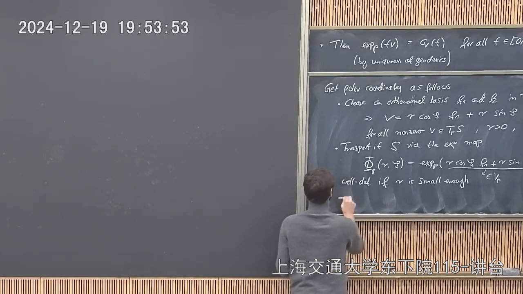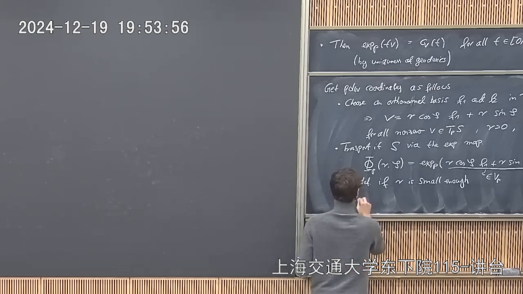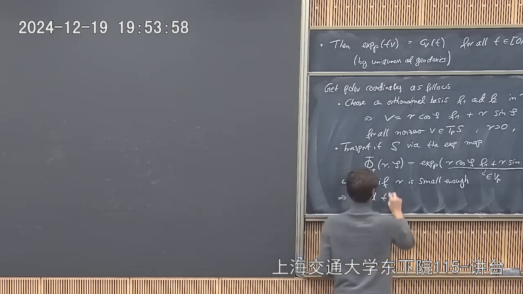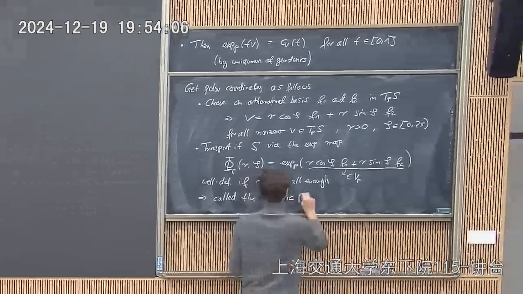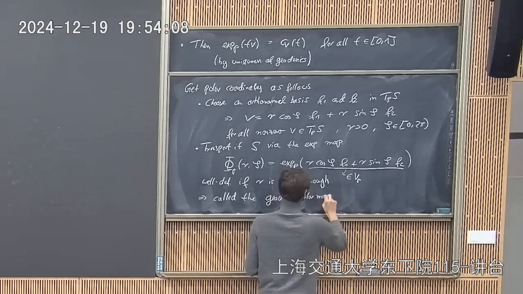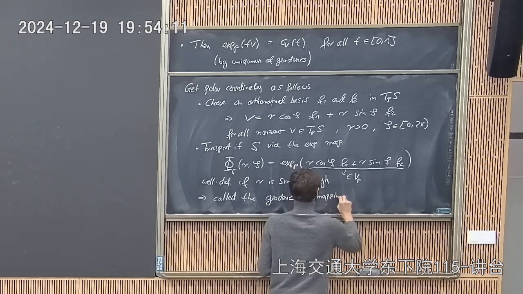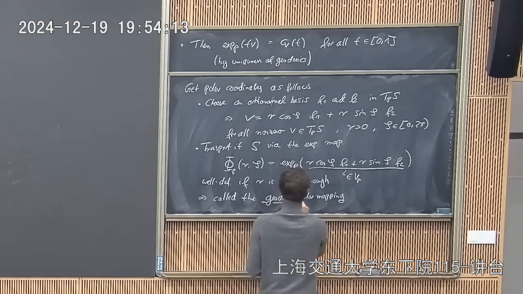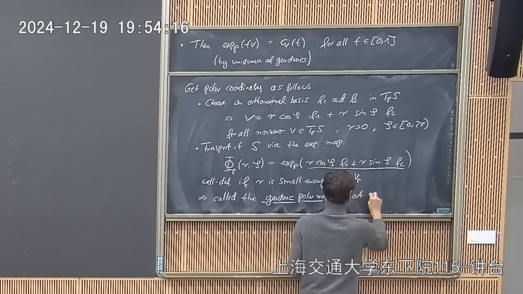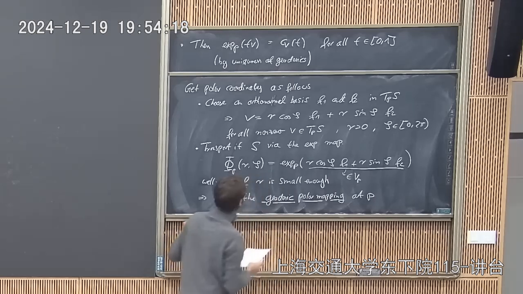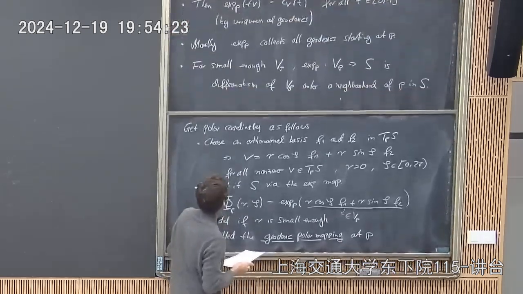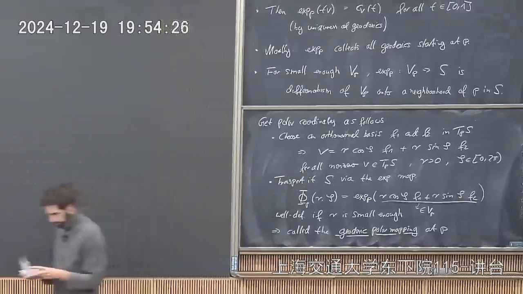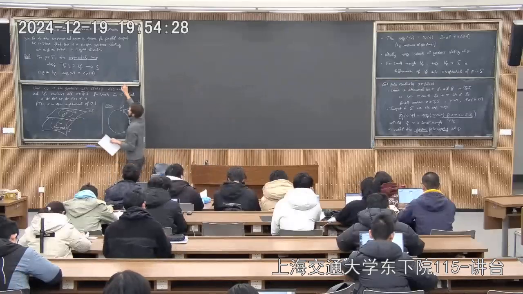So it's called the geodesic polar mapping at P. So the picture here is the following.